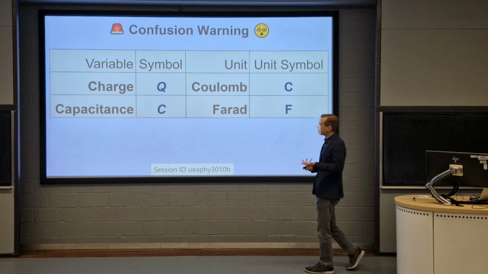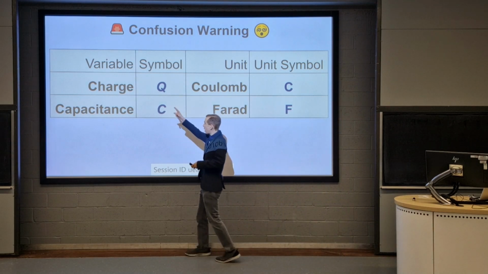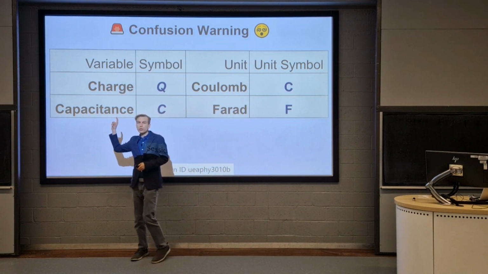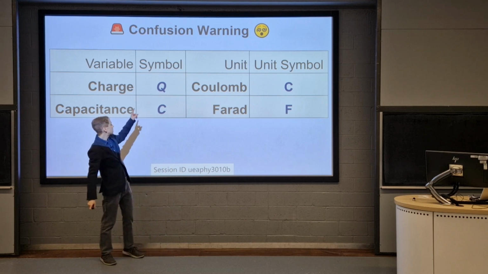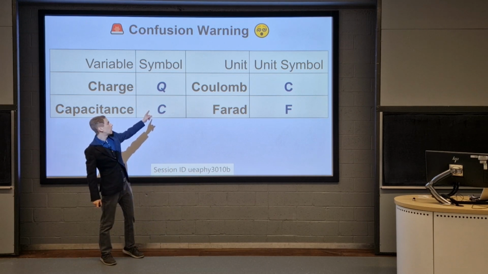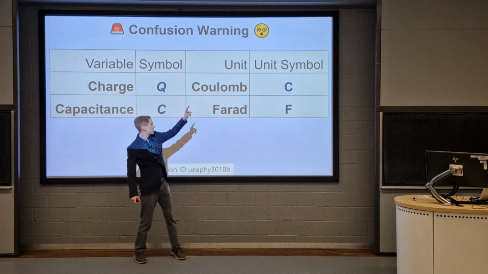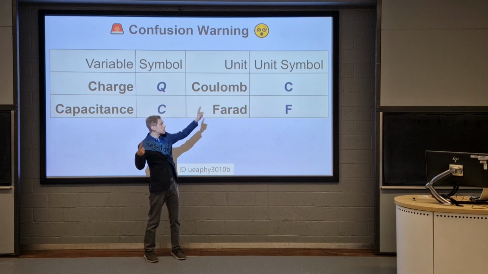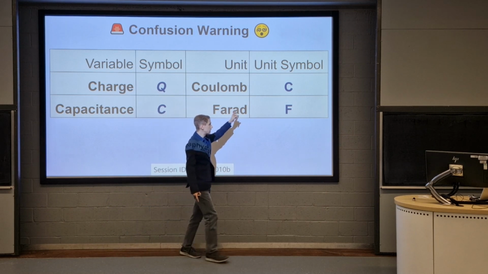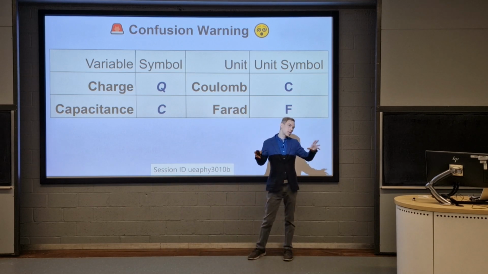So if we think about these couple of variables, charge, the symbol that we use to represent charge is a capital Q, okay? Now the unit that we use for charge is a coulomb, and the symbol that we use for coulombs is a C, okay? Now that's fair enough.